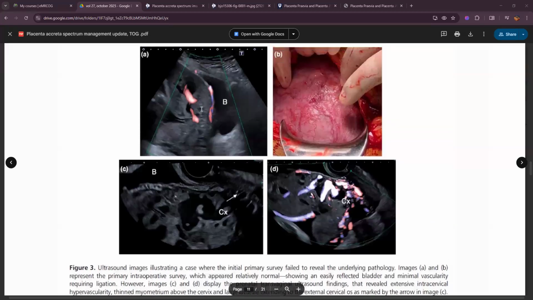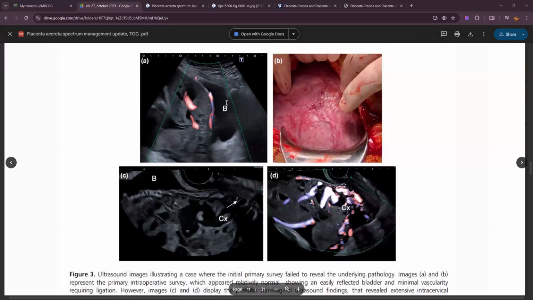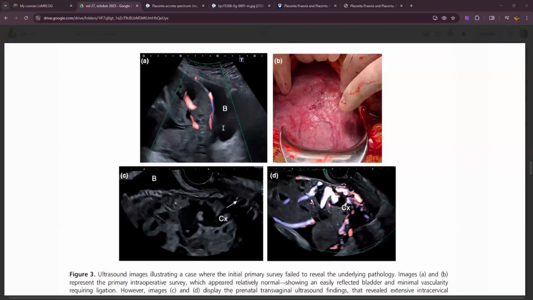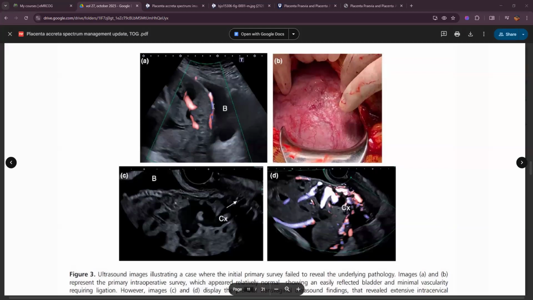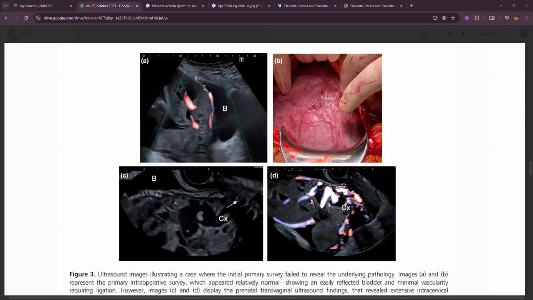So what do you think here? From this Doppler, this is the bladder, okay? And this is the uterus. And as you can see, we are having, mashallah, a blood flow in the bladder wall. What is this?